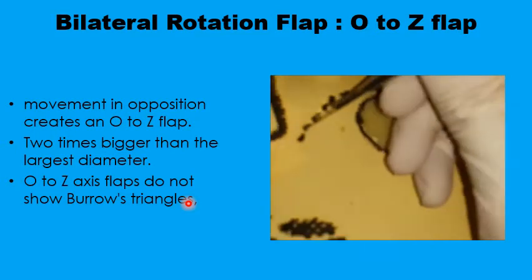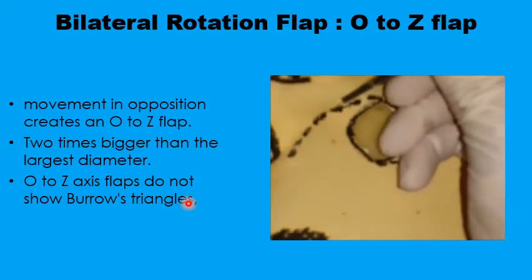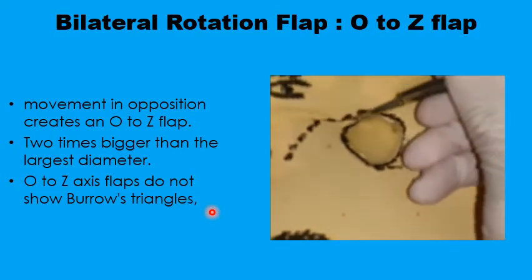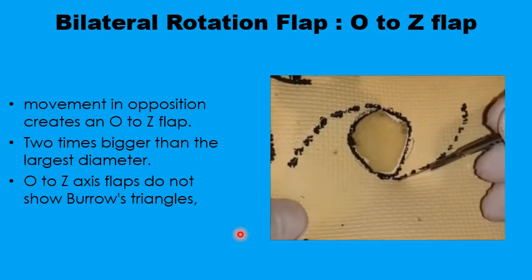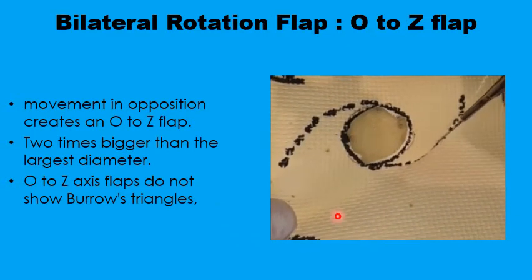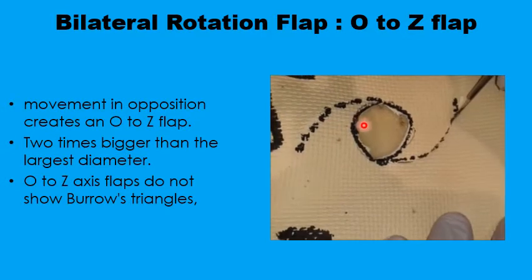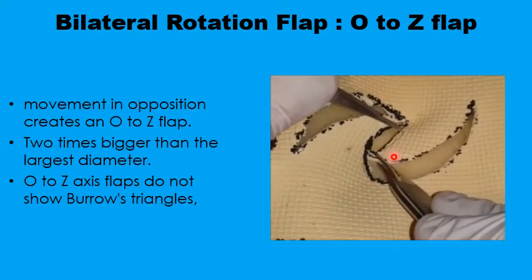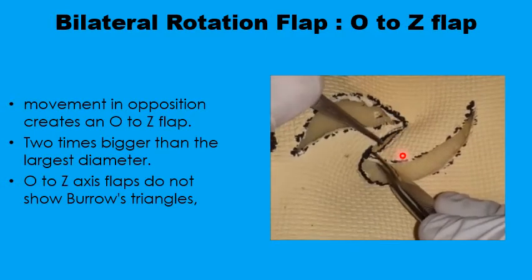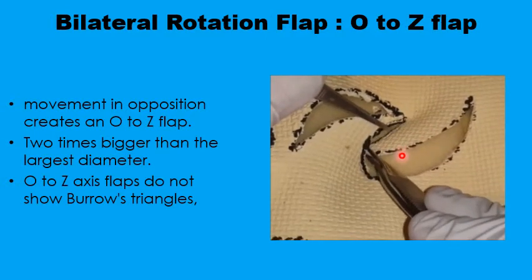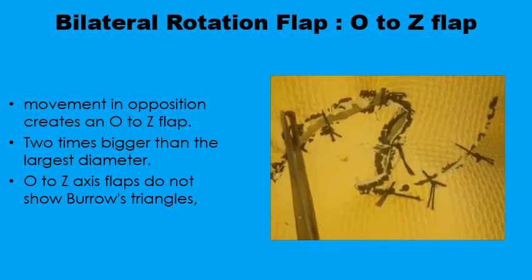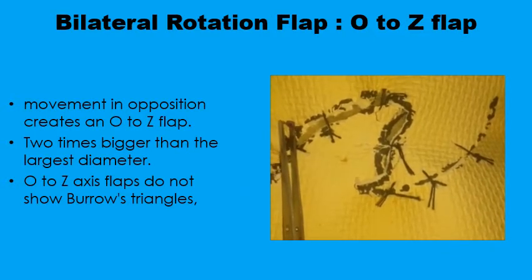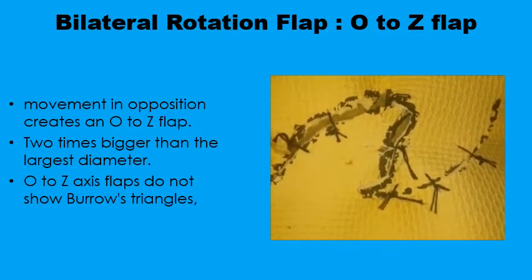Once the flaps are created and elevated, they can now be mobilized to meet in the midline of the defect, and once this is sutured you will see a Z rather than an O. So that's the final closure.